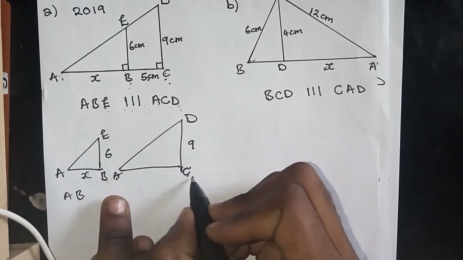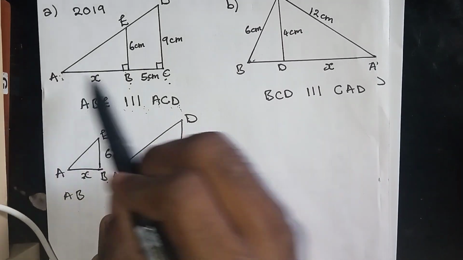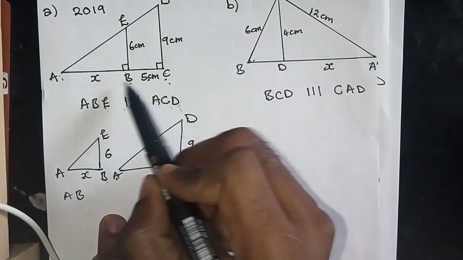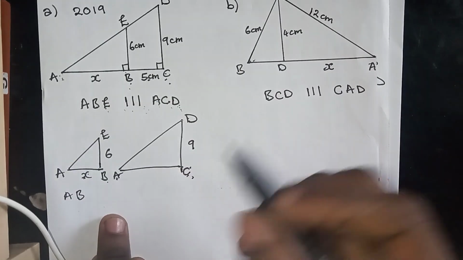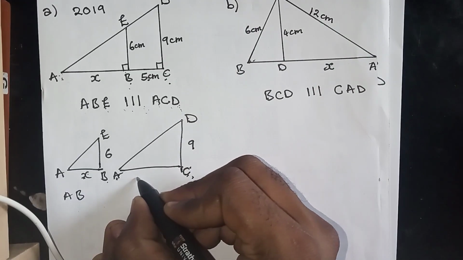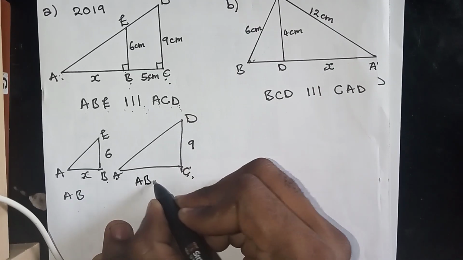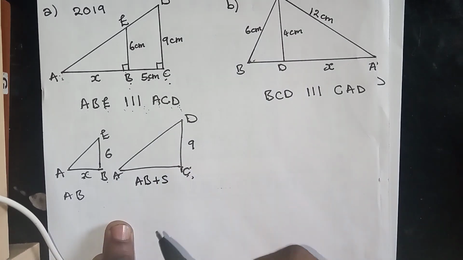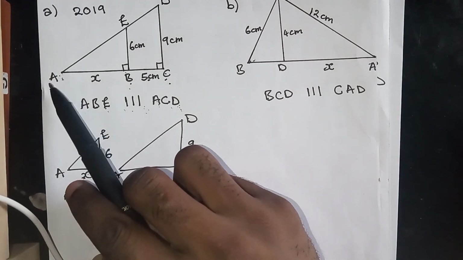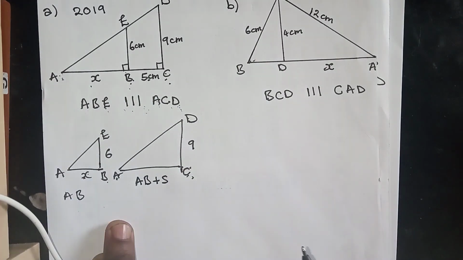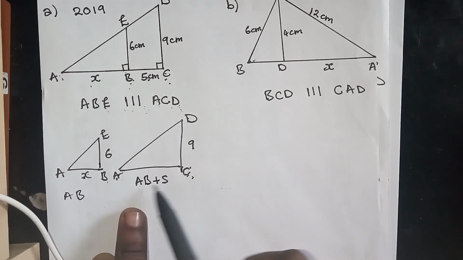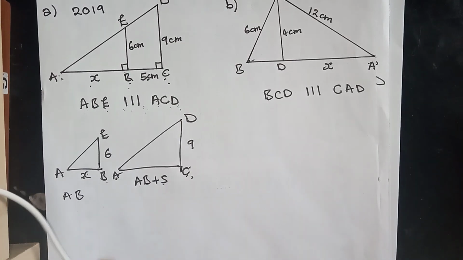Then this one will be the sum of AB and 5 centimeters, which is BC. So we normally write it as AB plus 5. Remember, the question is asking you to find AB, which is X. So the moment you write it like this, you never go wrong.